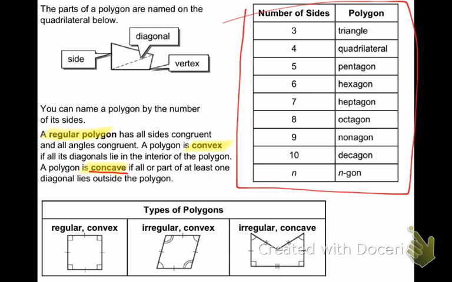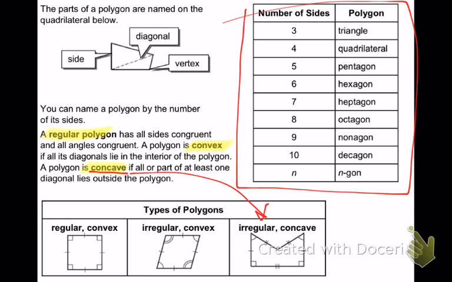If you take a pop can and push in on the sides, what happens to it? It caves in. That's a concave polygon. So the example down here of a concave polygon is like taking your thumbs and pushing in a pop can so it's caved in. Then convex is the one that's all on the outside, your more regular one.